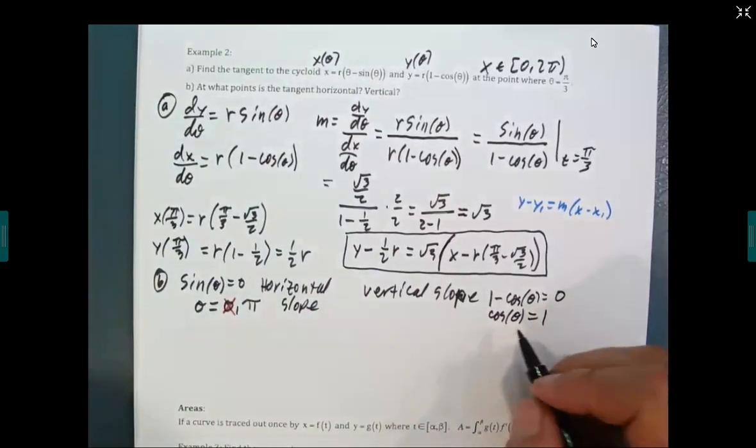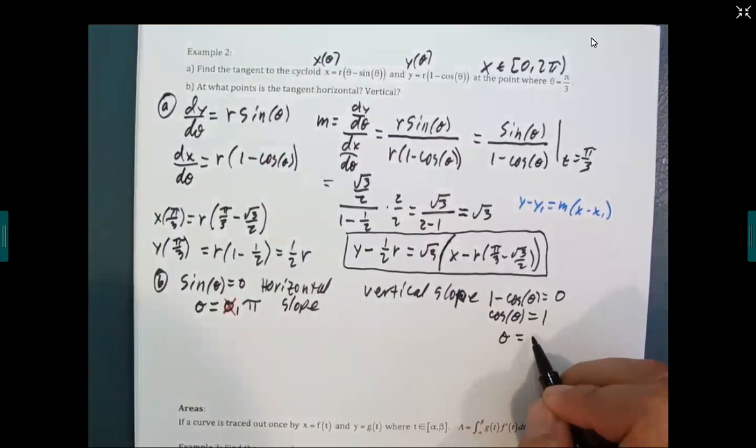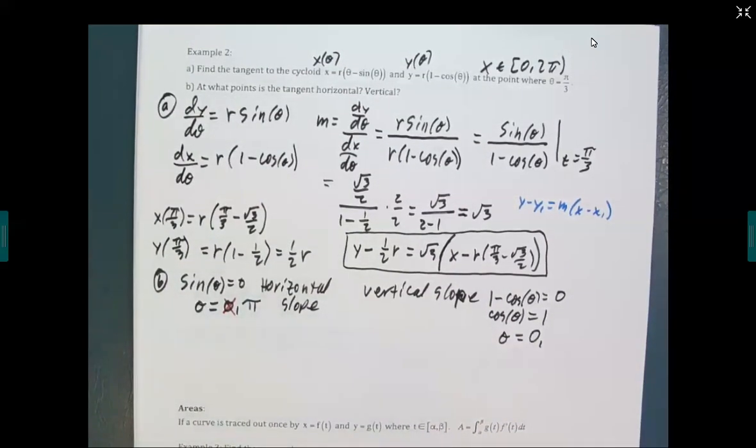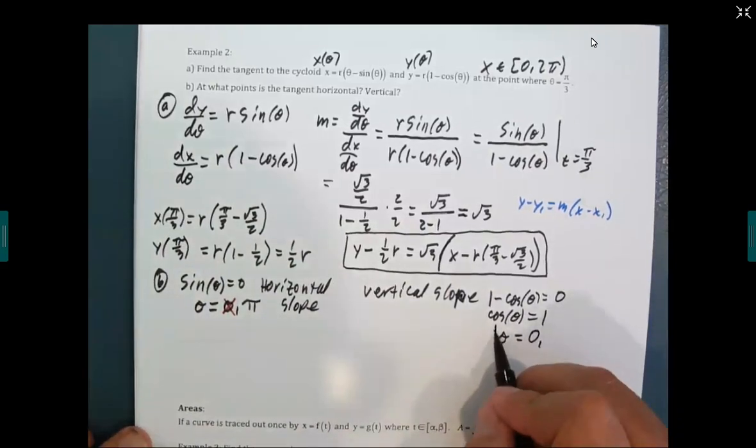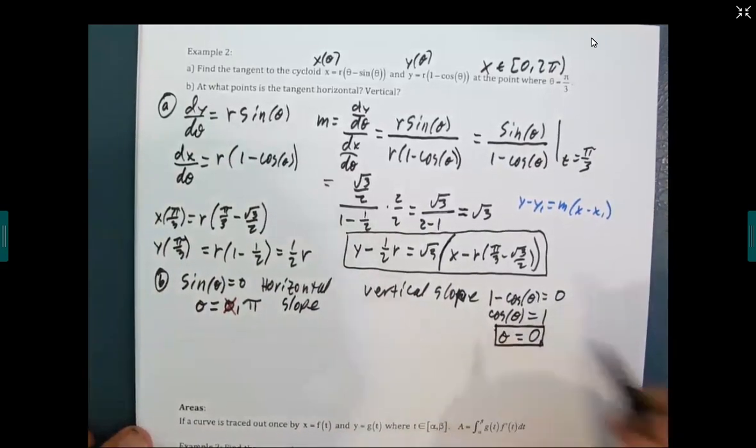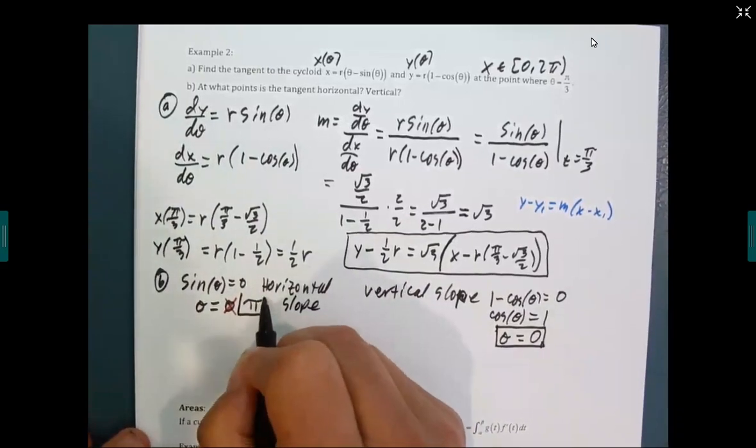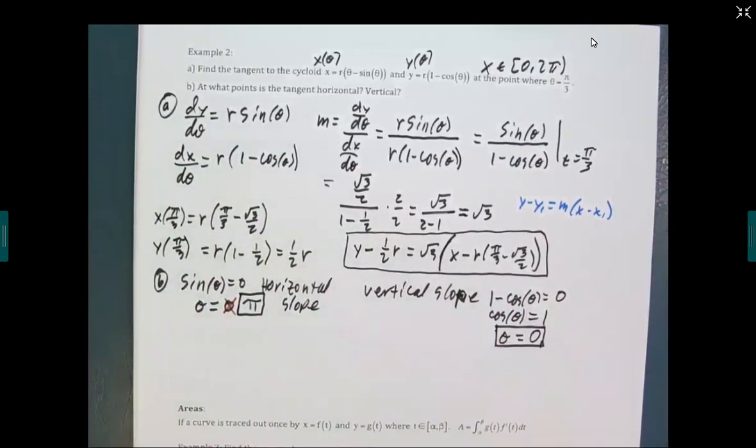And cosine is equal to 1 at theta equals 0 and at 2 pi, which is outside of our range here. So here are what make up our horizontal slope and our vertical slope.